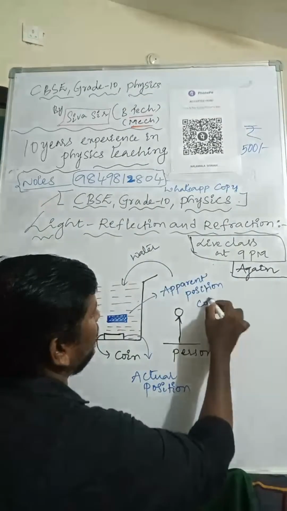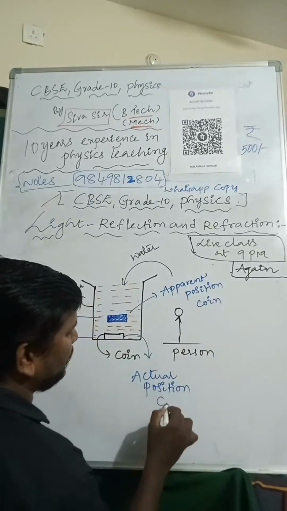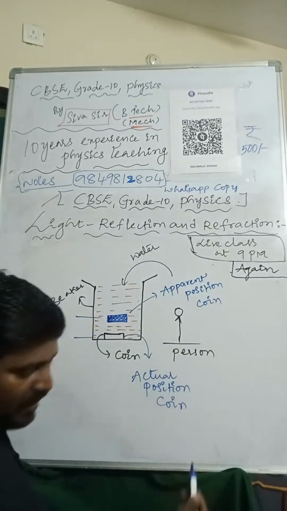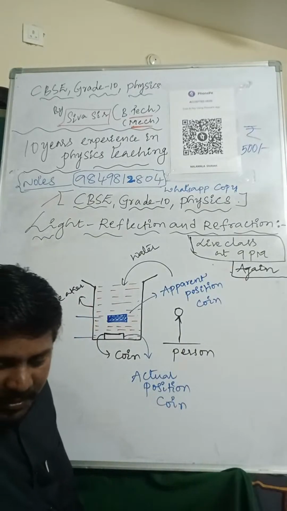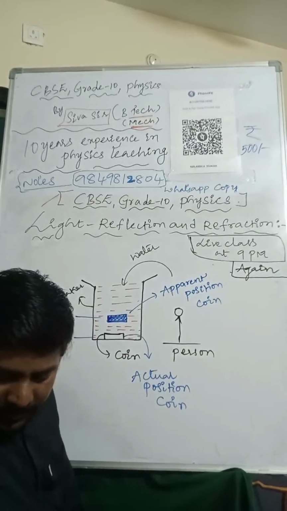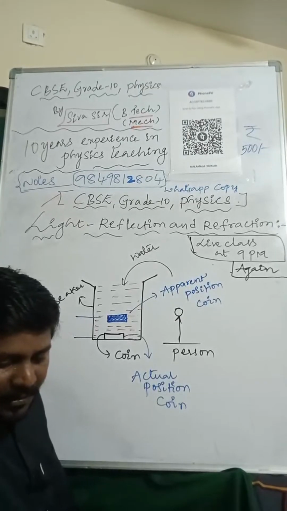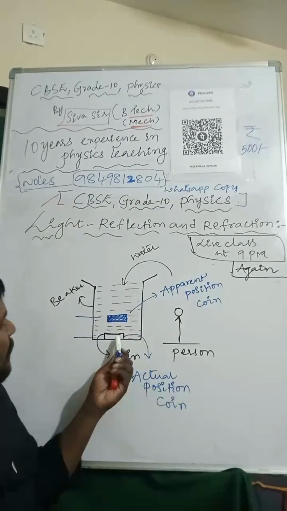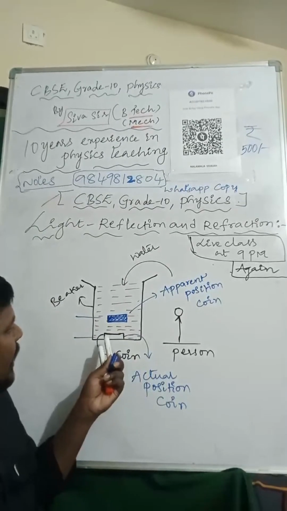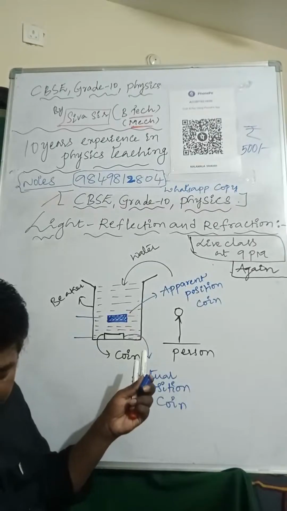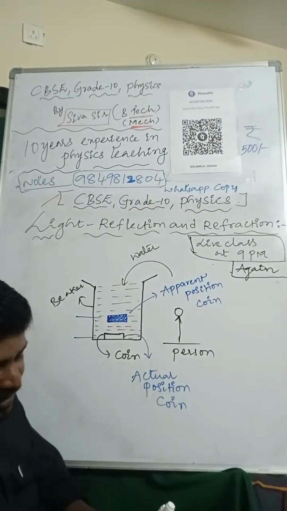Here is the coin, and this is the apparent position of the coin. You can observe the actual position and the apparent position. The distance from the actual position to the apparent position of the coin is called vertical shift.